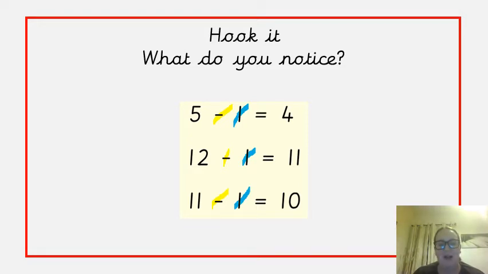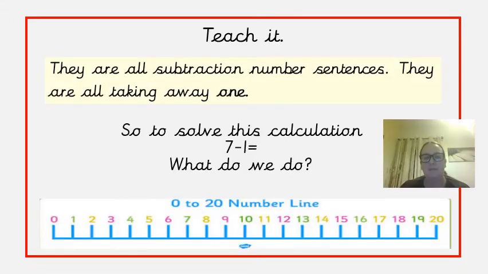They're all subtraction signs, and they are all taking away 1. Do you remember yesterday we looked at adding 1? So it might be a little bit similar. They were all subtraction number sentences and they were all taking away 1.